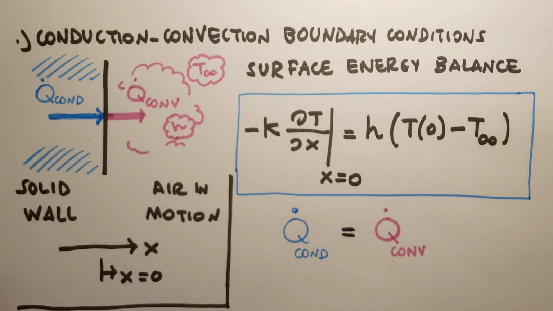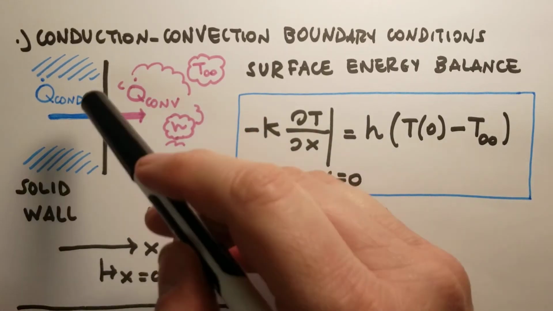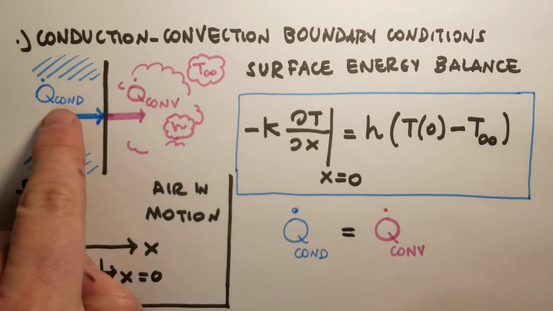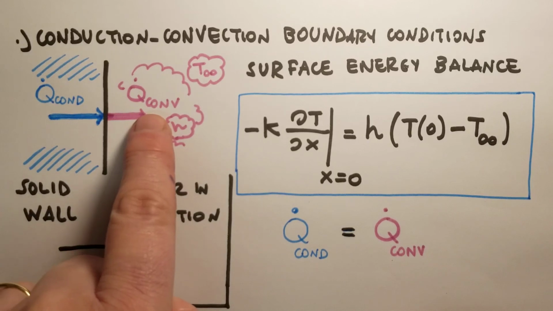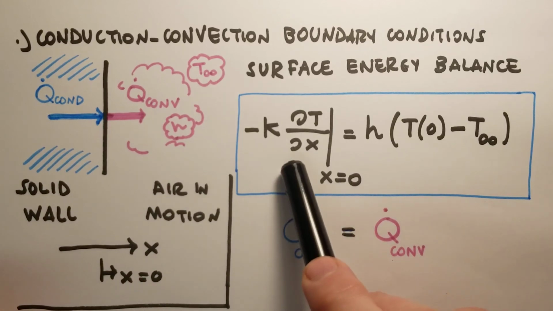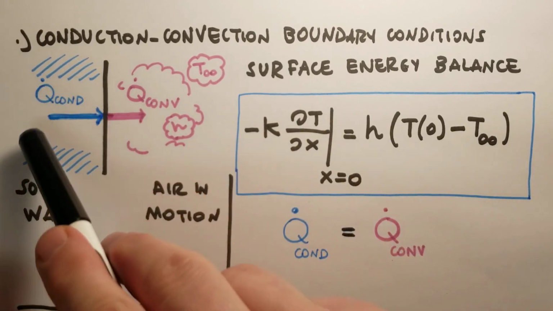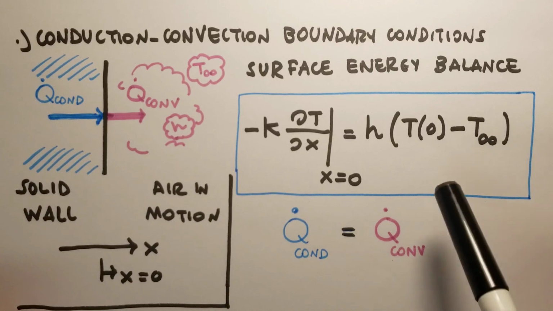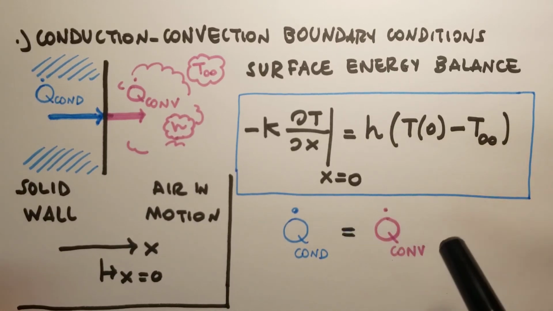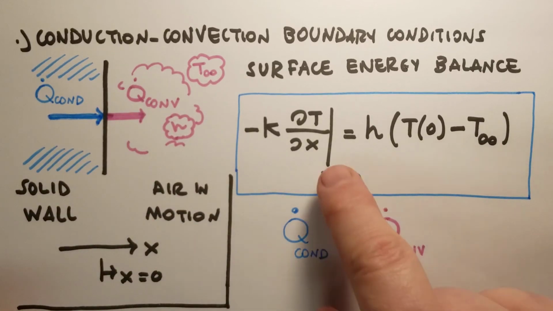If you remember, we studied the surface energy balance. If we consider an energy balance at the surface, then q conduction must be equal to q convection. All we have to do is use Fourier's law of conduction for the heat transfer in the solid wall, and we can use Newton's law of cooling for the convection in the air. So these two are equal.